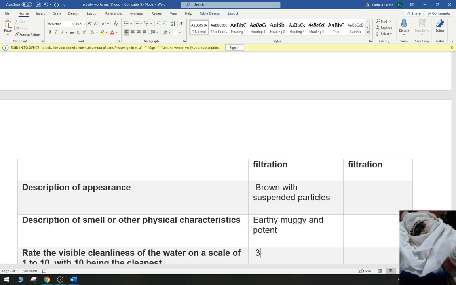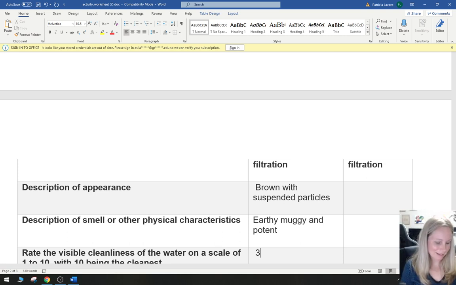Left over. Okay, gross. Ooh. Okay, all right. After filtration.